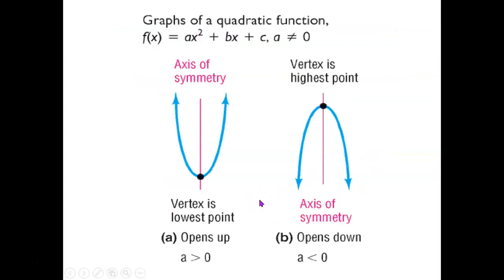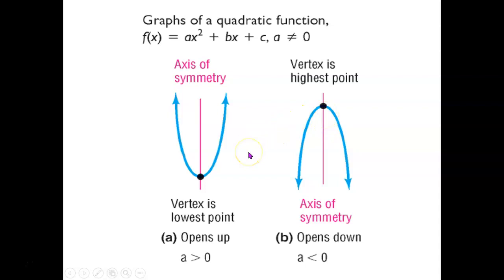And in each case, the graph of these functions is what we call a parabola. It's either the kind that opens upward, and then the turning point, what we call the vertex, would be the lowest point on the graph, or it's the kind that opens downward, and then the turning point would be the highest point on the graph.